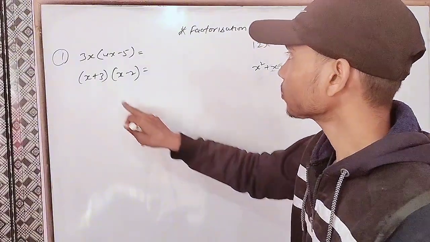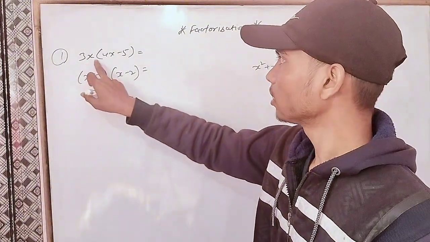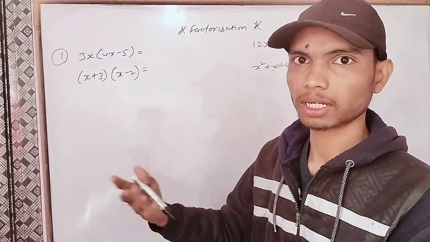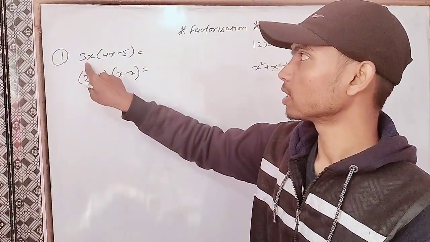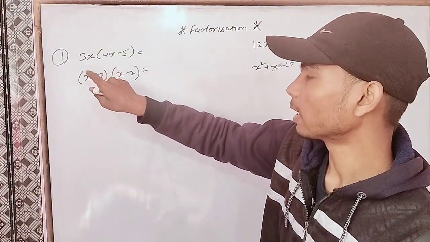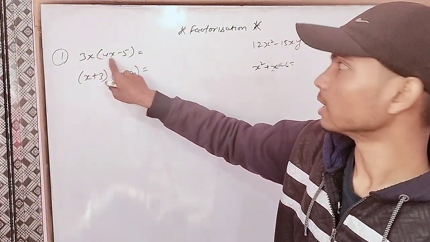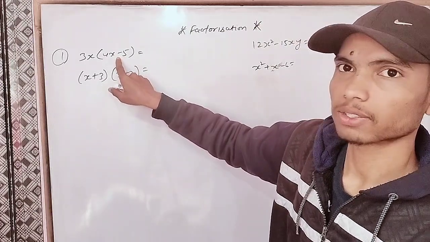So here we have a multiplication. We don't have a subtract and not add. We have subtract. First of all, we will multiply this variable by this. Then we have this operation which is subtract.